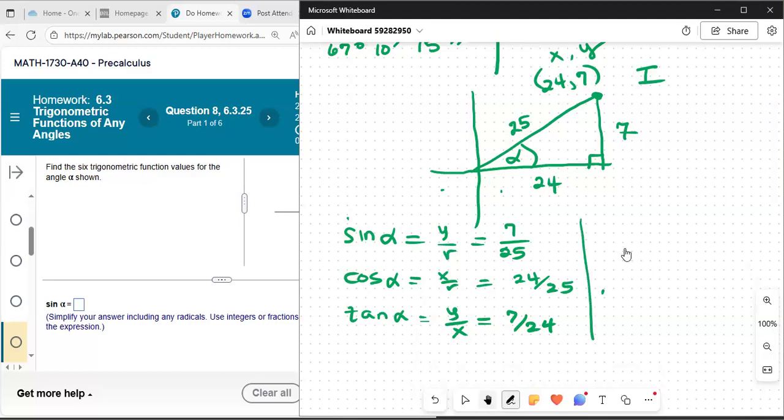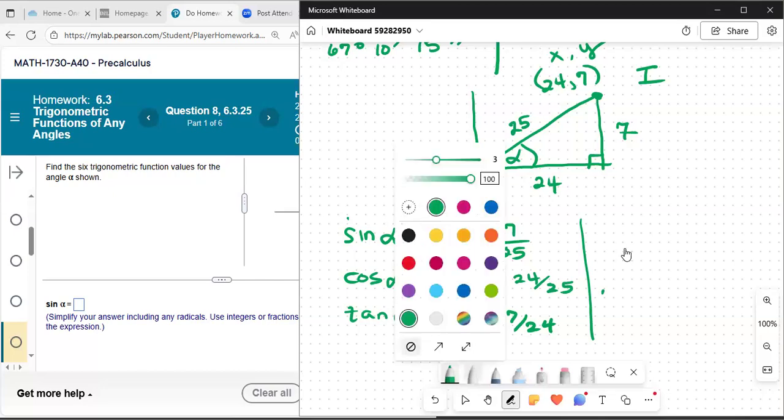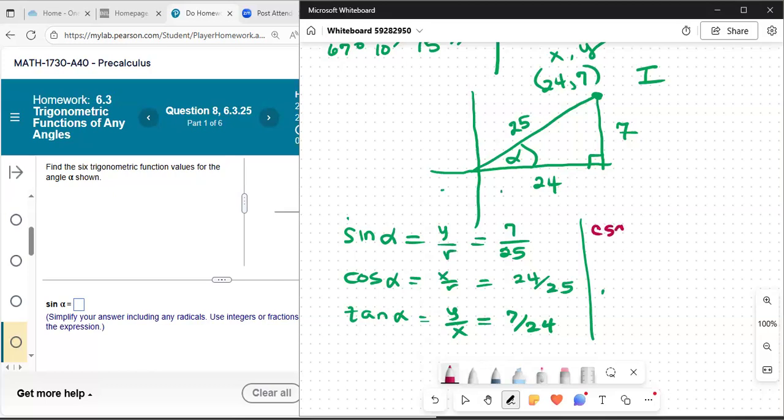And then we can find our reciprocal functions. So we have the cosecant alpha is 25 over 7. The secant alpha is 25 over 24. And then the cotangent alpha is 24 over 7.